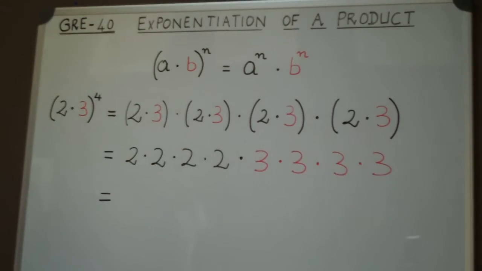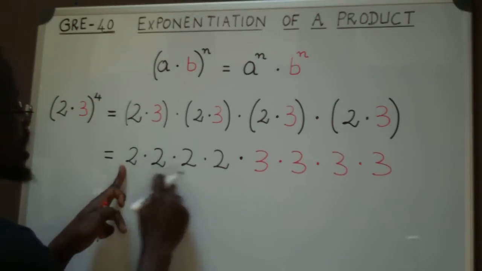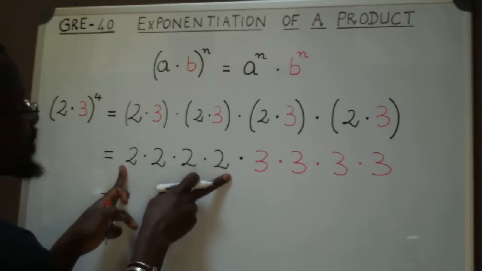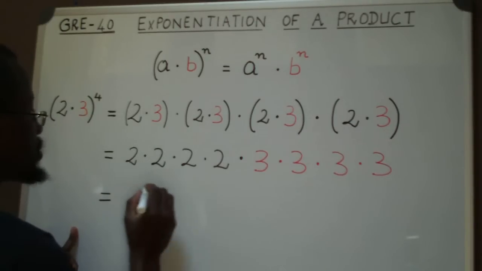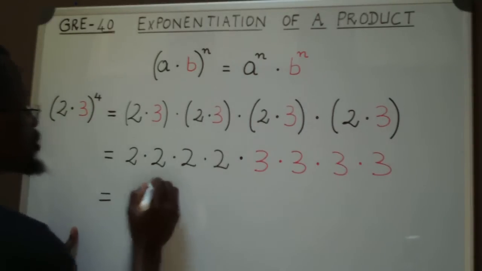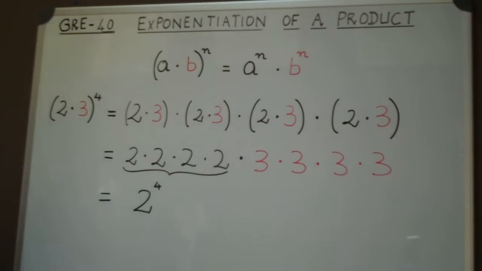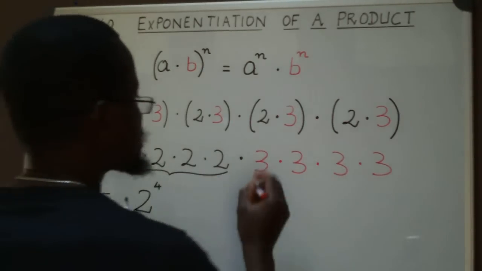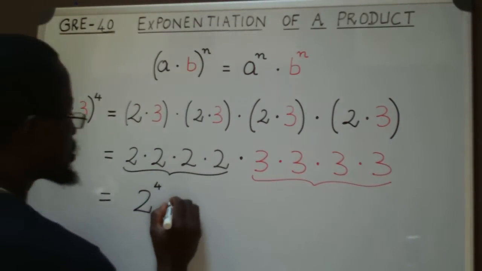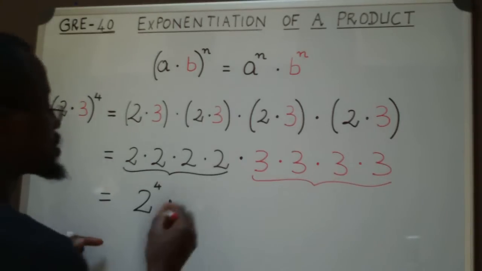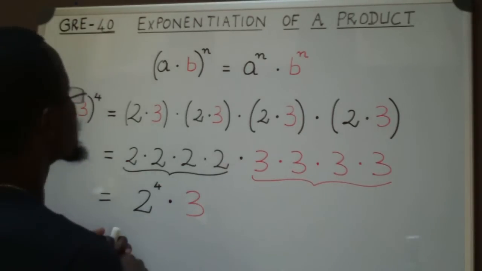In the language of exponentiation, a repeated multiplication of 4 factors of 2 is simply equal to 2 to the exponent 4, and this expression here stands for 3 to the exponent 4.